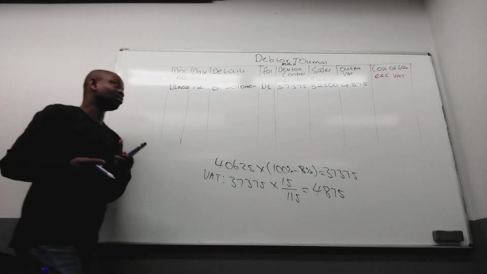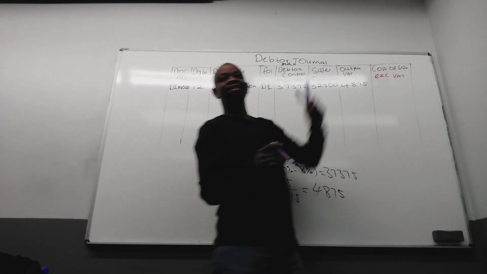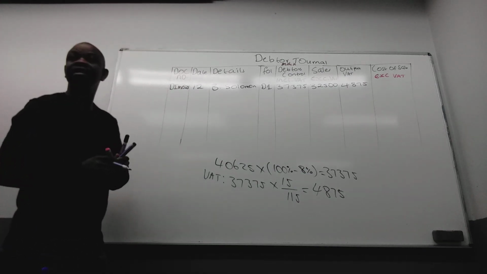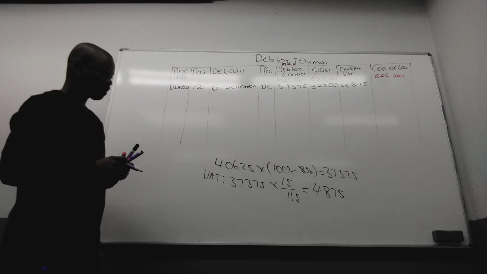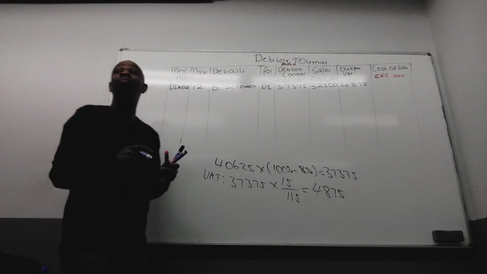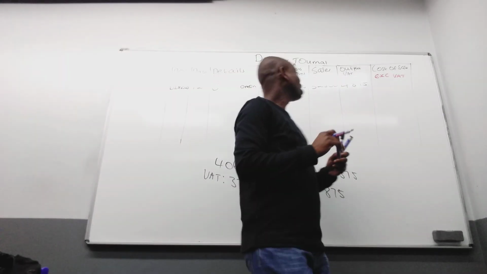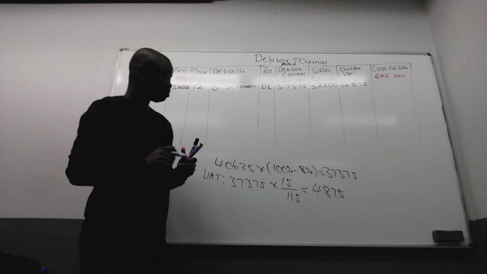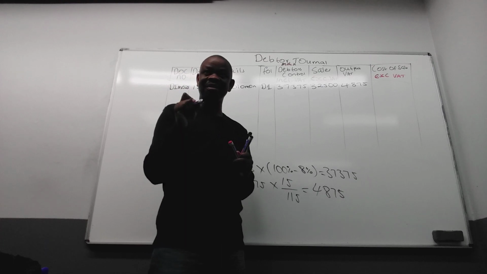So different. Now we must find VAT on which amount? Normally we find VAT on this money. So remember I said if there is a trade discount, you need to be careful.